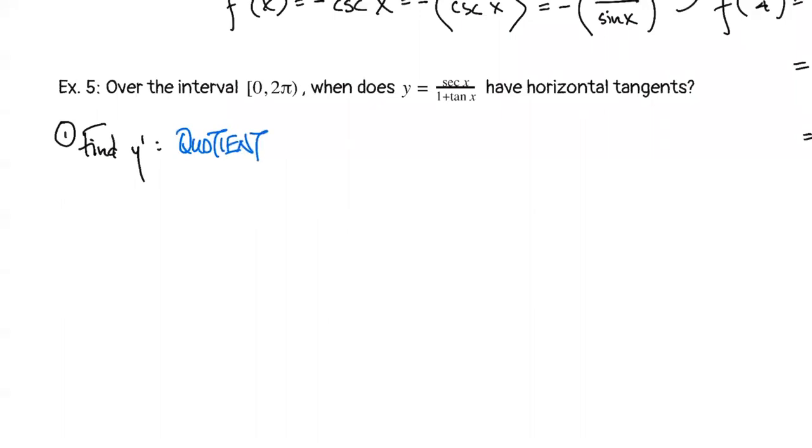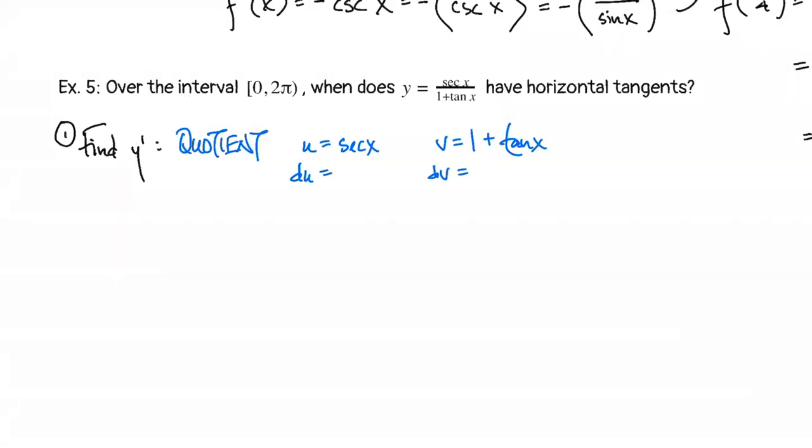Excellent. All right, so we've got u equals the numerator, so secant x, and v is going to be the entire denominator, 1 plus tangent x. Okay, du, dv.